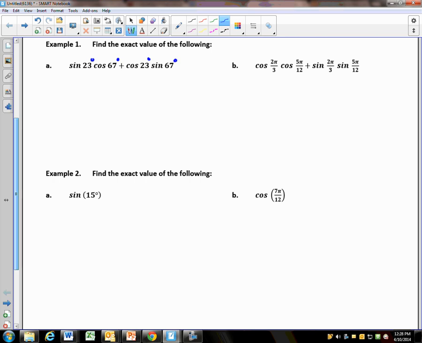Find the exact value of the following. Sine of 23 degrees times cosine of 67 plus cosine 23 times the sine of 67. The key phrase in these directions is exact value. Some people will turn to their calculator and type that in, and they'll spit out a number.